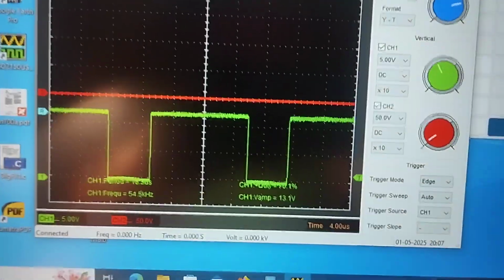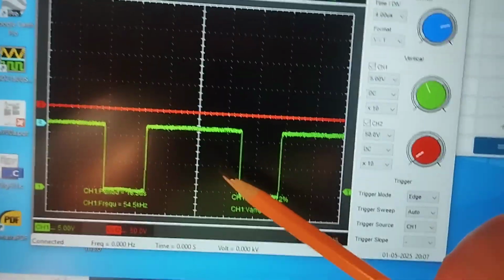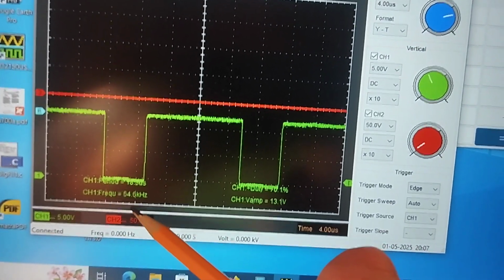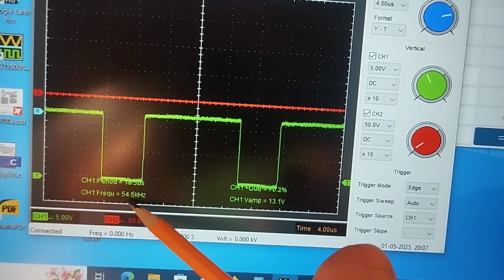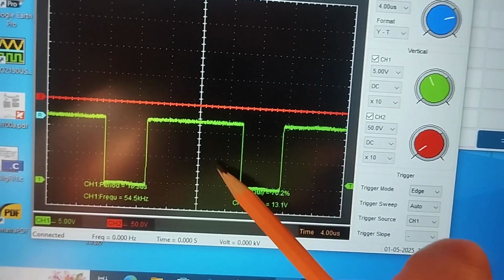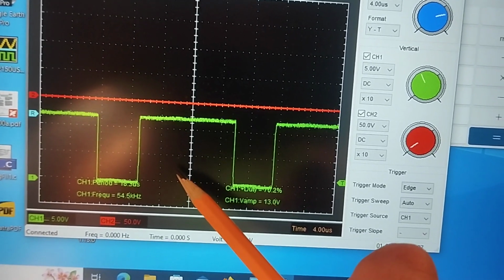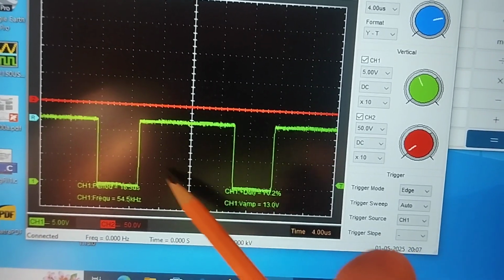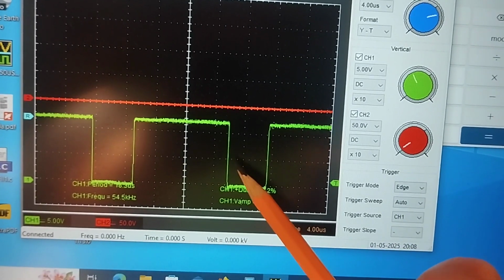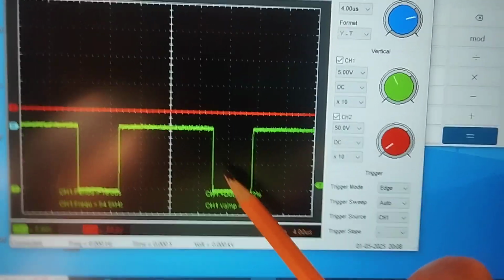As we see, the frequency is 55 kHz. Roughly 75% of the pulse is positive and roughly 25% of the pulse is negative.